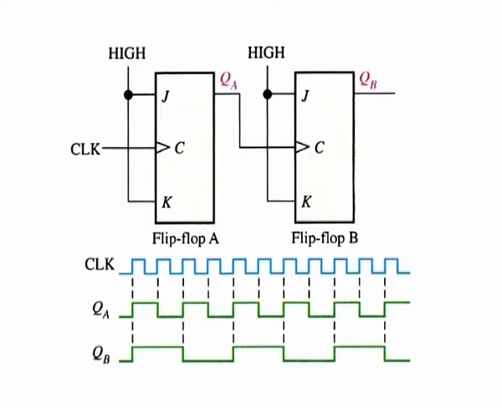By connecting flip-flops in this way, a frequency division of 2 to the power n is achieved, where n is the number of flip-flops. For example, 3 flip-flops divide the clock frequency by 2 to the power 3, which is equal to 8. 4 flip-flops divide the clock frequency by 2 to the power 4, and so on.